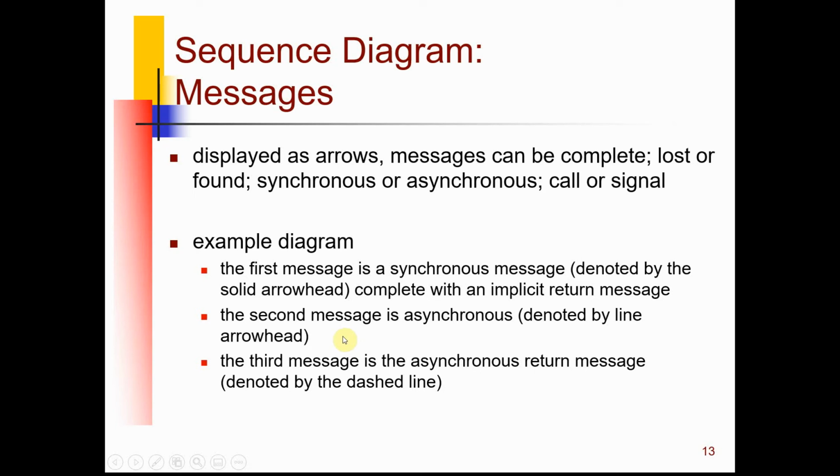So most of the messages you've seen in our previous two examples are synchronous messages, which means when you call, you get the return immediately, and asynchronous means when you call this one, the result may come back later. So that's why it's called asynchronous. You don't get the return message immediately.